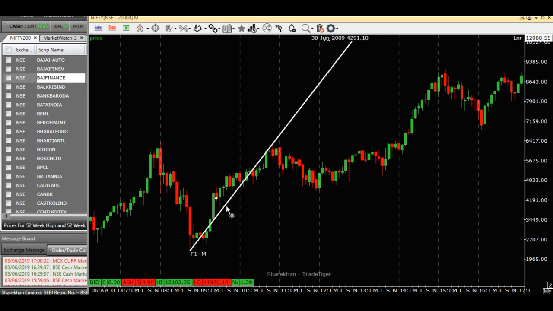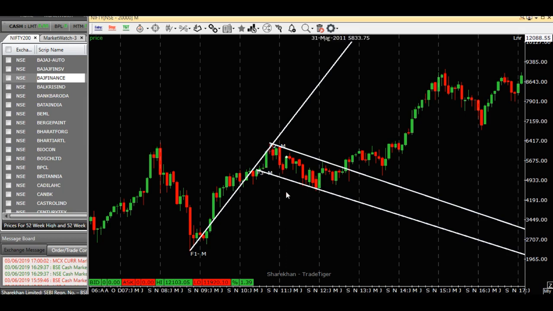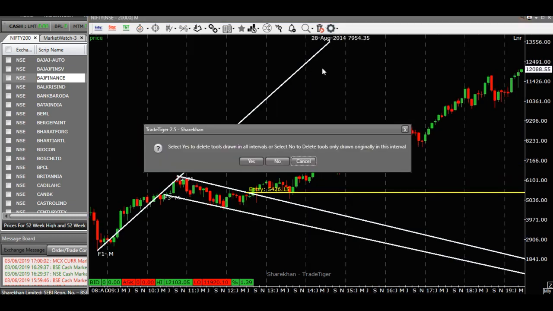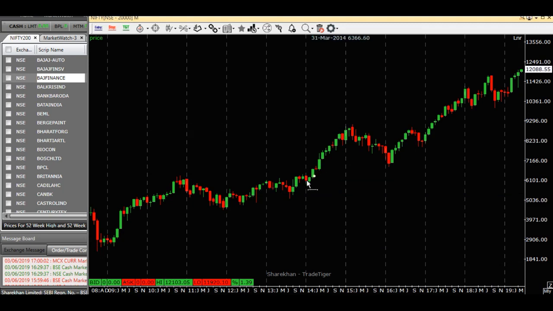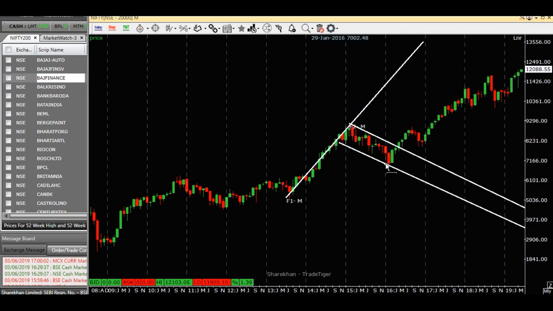So nice impulsive up move, followed by a pullback consolidation, and that is my entry, and the targets are easily achieved. Here's another one. Nice impulsive move, one-sided move, followed by a pullback and breakout, and target easily achieved.